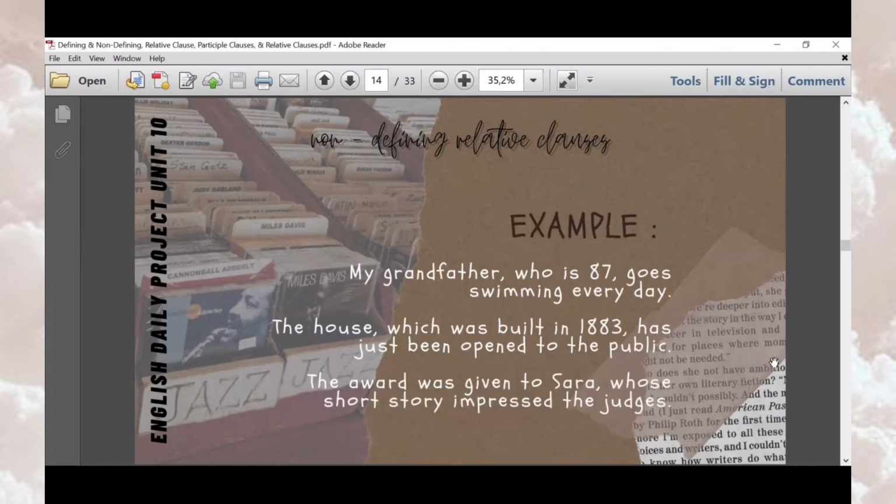The examples are: my grandfather, who is 87, goes swimming every day. Next, the house, which was built in 1883, has just been opened to the public. The third one is: the award was given to Sarah, whose short story impressed the judges.